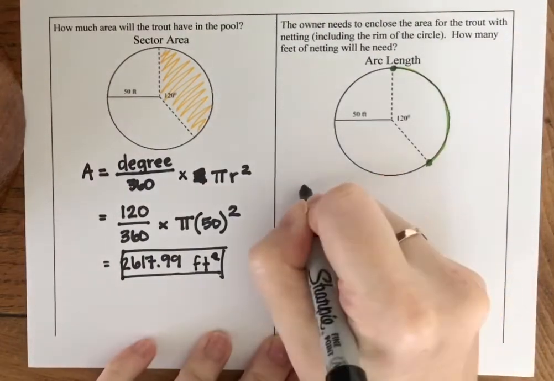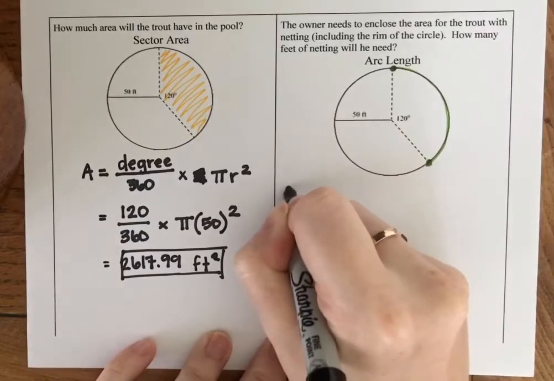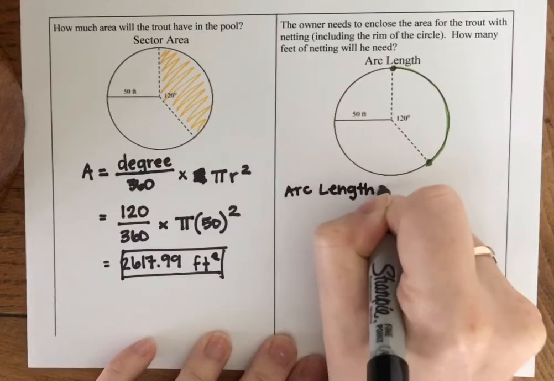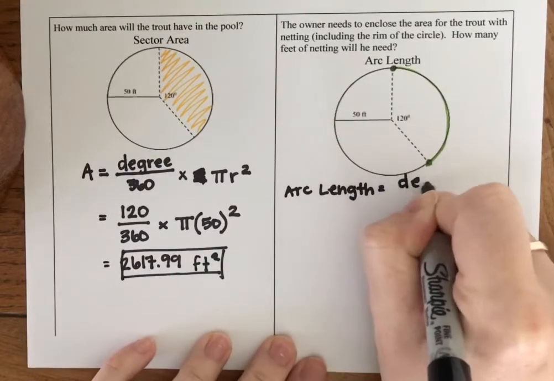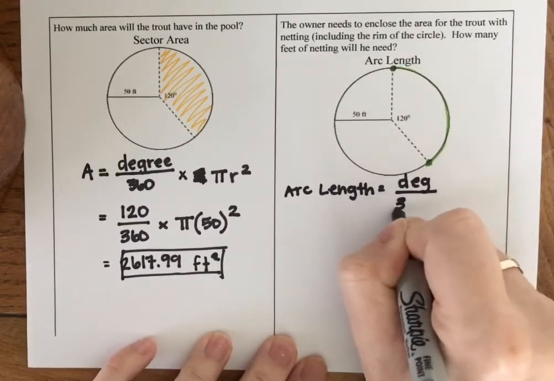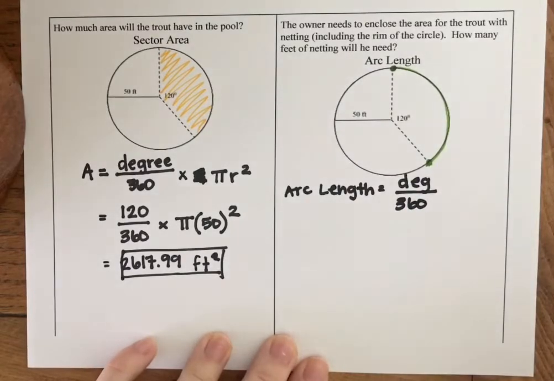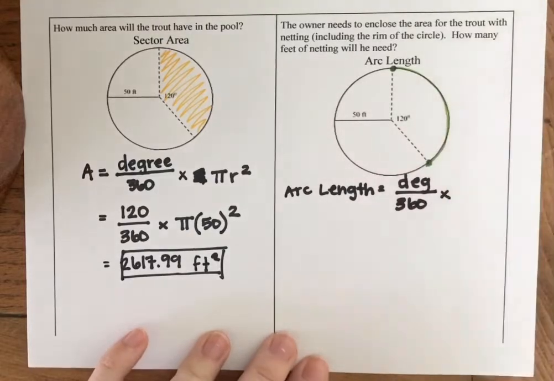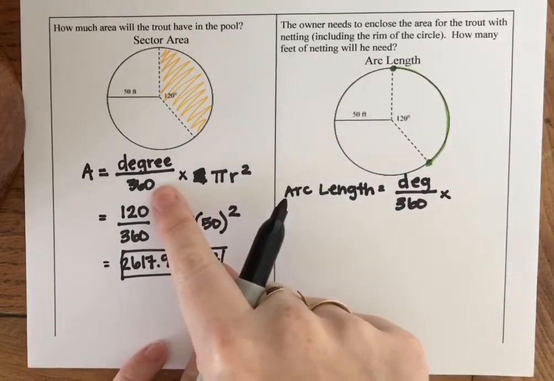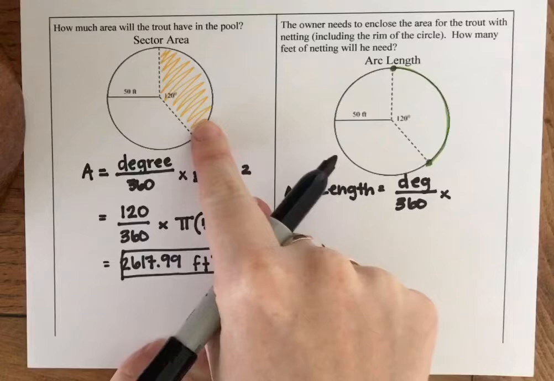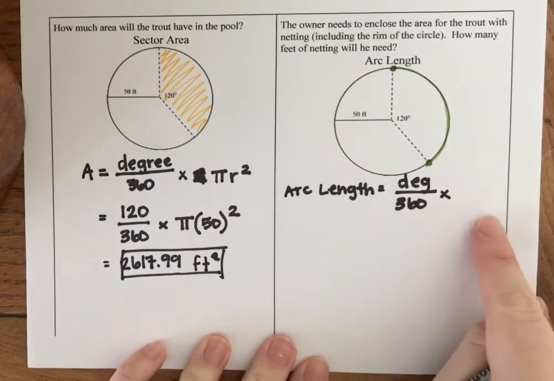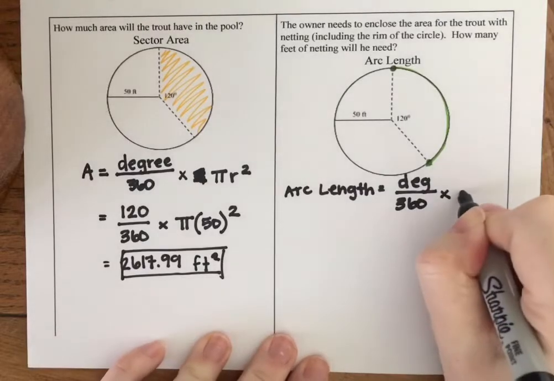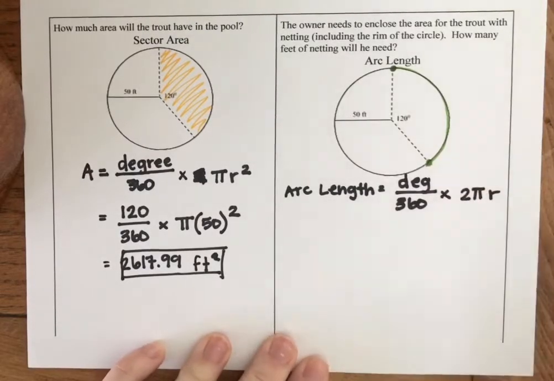The arc length is degrees over 360 still. Again, it's just a fraction or a part of the circle. Now, arc length is a fraction of the circumference. So instead of multiplying this times the area, like we did for sector area, I'm going to multiply this times the circumference, so times 2 pi r.